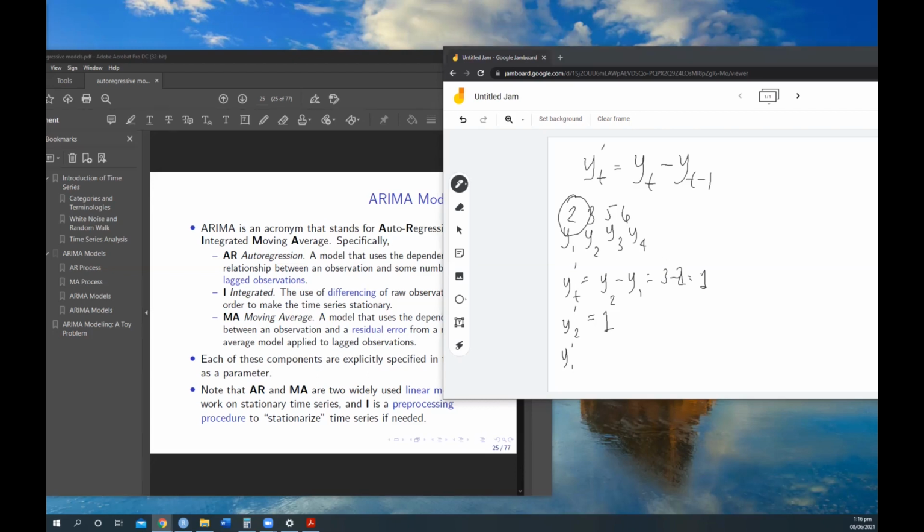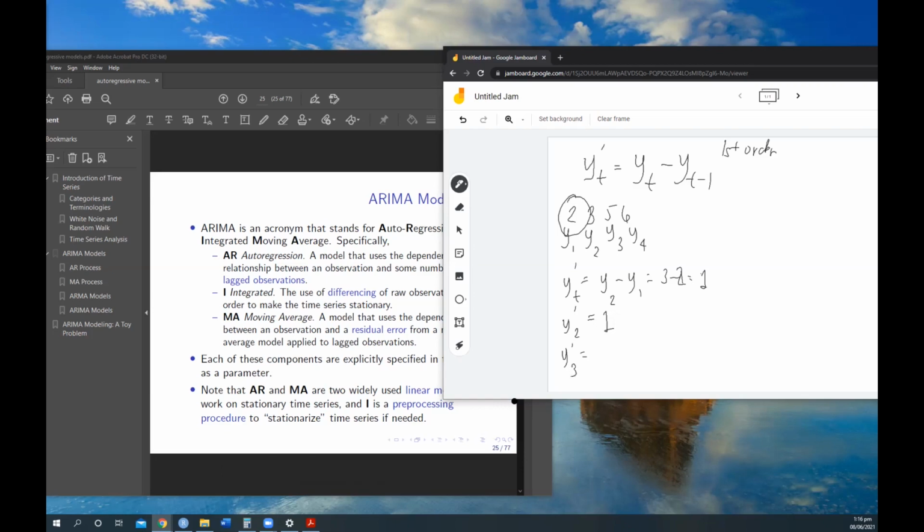Aside from one differencing, we can also have second order differencing. Ito is first order lang yan siya. So let's just complete. Ano yung y3 prime? 5 minus 3.